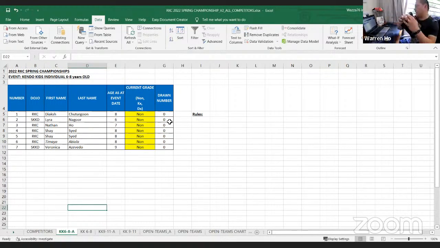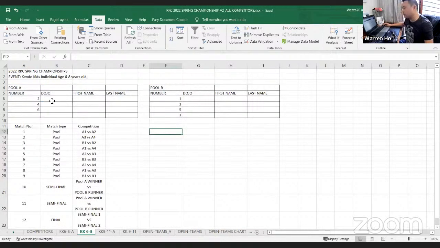I have my little bag, sticking in the 7 numbers. The spreadsheet is going to be alphabetical according to their first names, and based on that they will get the number, and based on the number they'll be allocated to a pool.